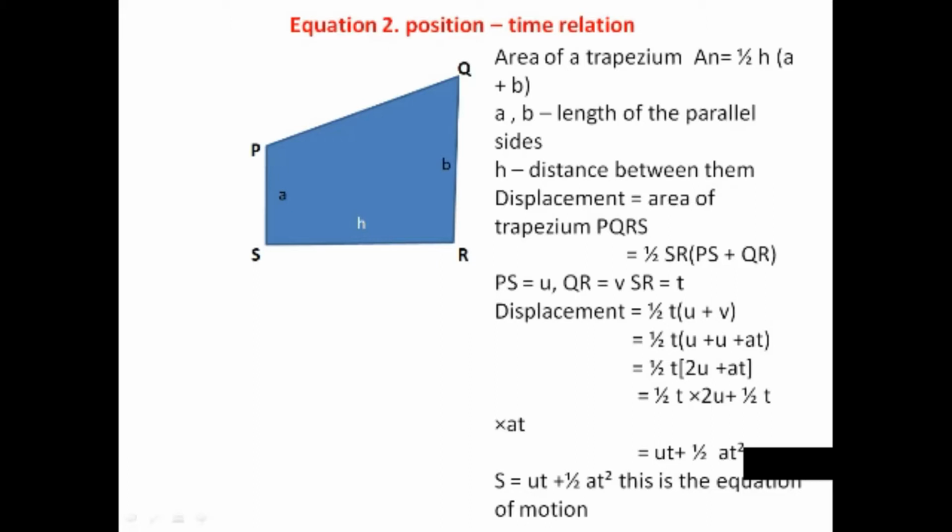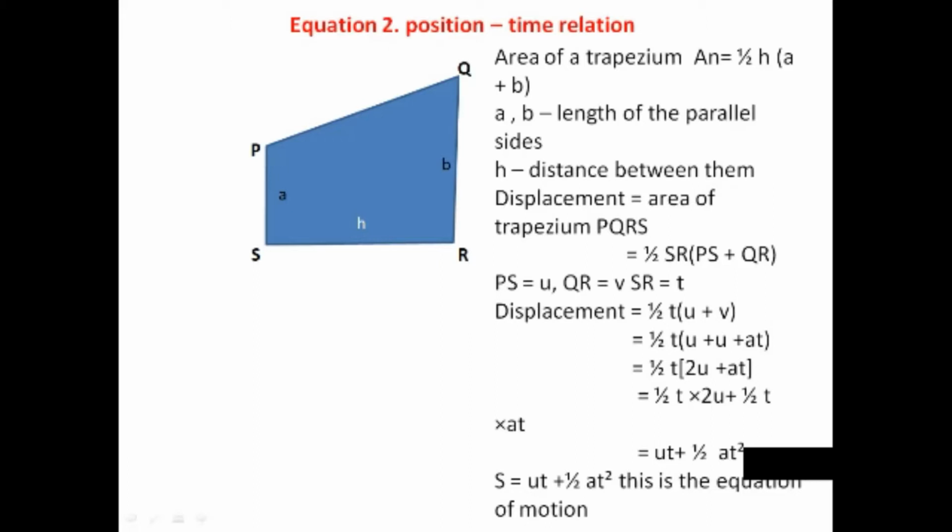The area of the trapezium is half H into A plus B. Substituting each side, H is SR, A is PS and B is QR. So it is half SR into PS plus QR.